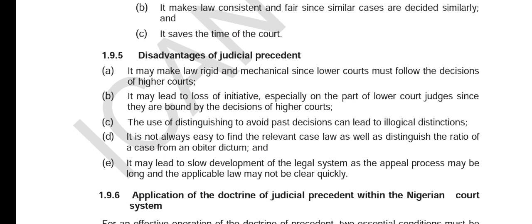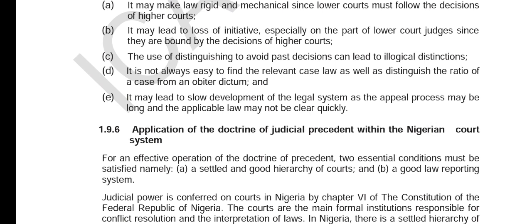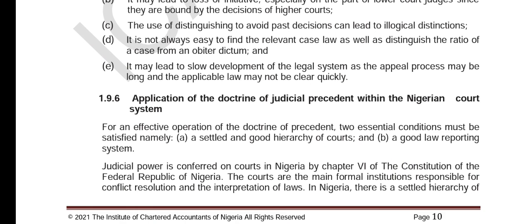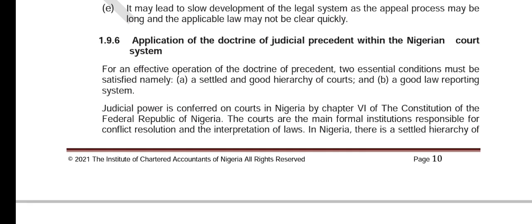Like with binding precedent, it makes it rigid for the lower court to bring up their own initiative to make things flexible. There are other disadvantages again, which lead to slow development of the legal system. So that is for judicial precedent.